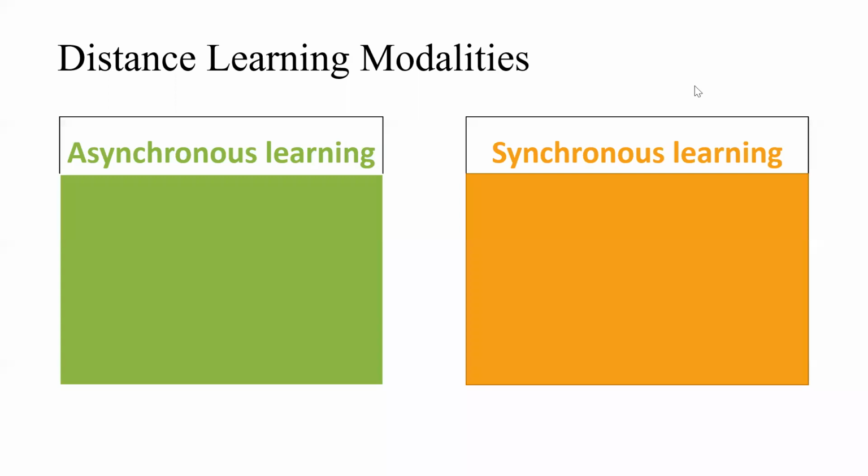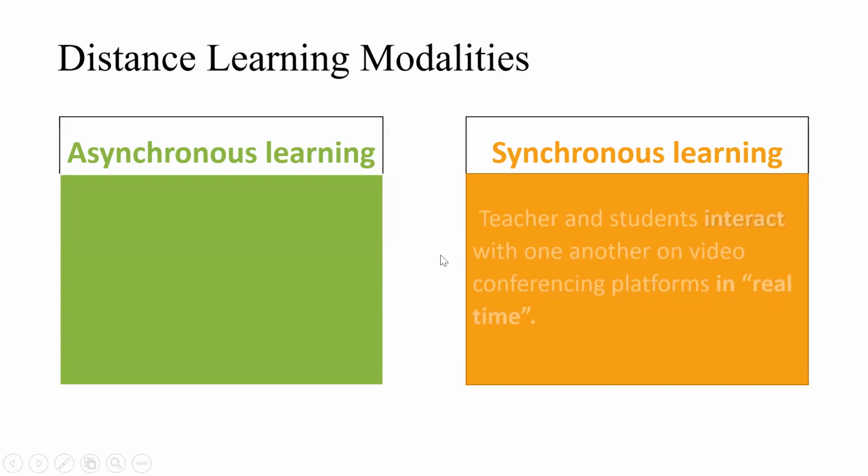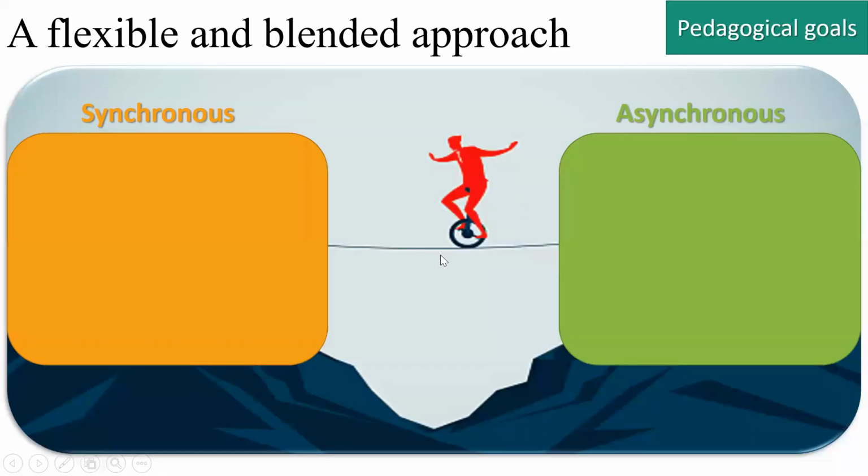Now, what I wanted to say is that we're all familiar with the fact that there is asynchronous and synchronous learning, but everywhere people talk about Zoom, they connect distance learning with Zoom. However, distance learning is a lot more than Zoom, and it's all about knowing how to balance both modalities. A flexible and blended approach is what needs to be adopted.